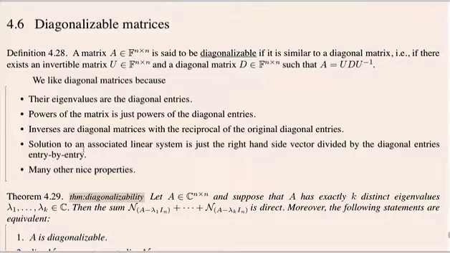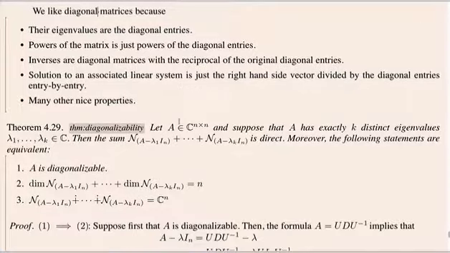And for example, the solution to an associated linear system is just the right-hand side vector divided by the diagonal entries, entry by entry. And there are many other nice properties. So we like diagonal matrices, and we wish to make other matrices also diagonal with this similarity transformation.